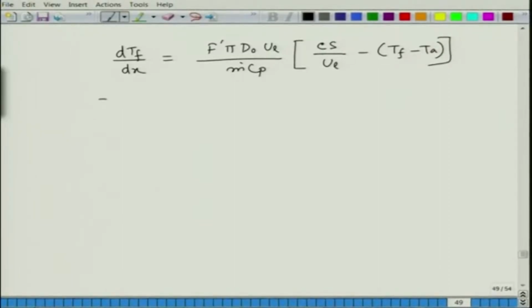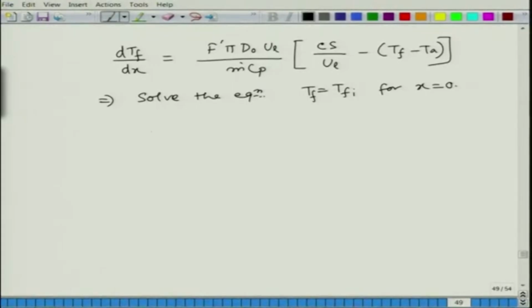Now, if we solve the equation with the boundary condition that Tf equal to Tf inlet for x equal to 0. Okay.